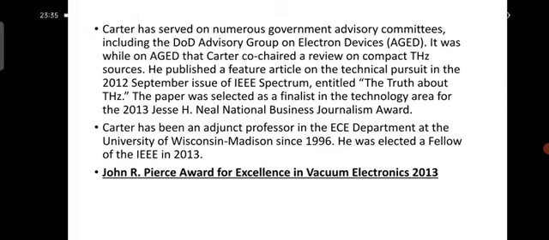Carter has been an adjunct professor in the ECE department at the University of Wisconsin since 1990. He was elected a fellow of IEEE in 2013. And finally, for his excellence in vacuum electronics, in 2013 he was awarded the John R. Pierce Award. Thank you very much.